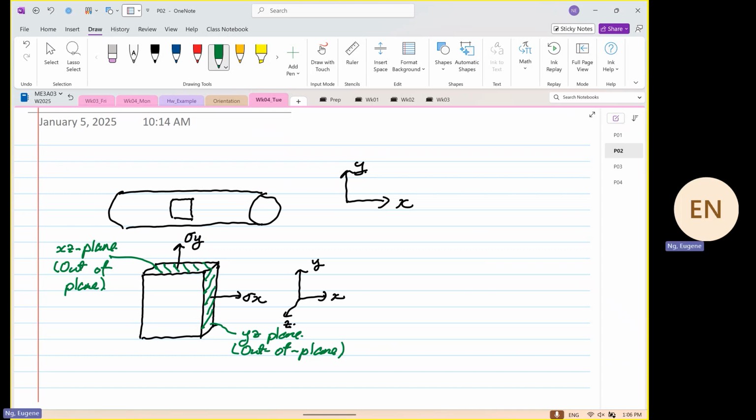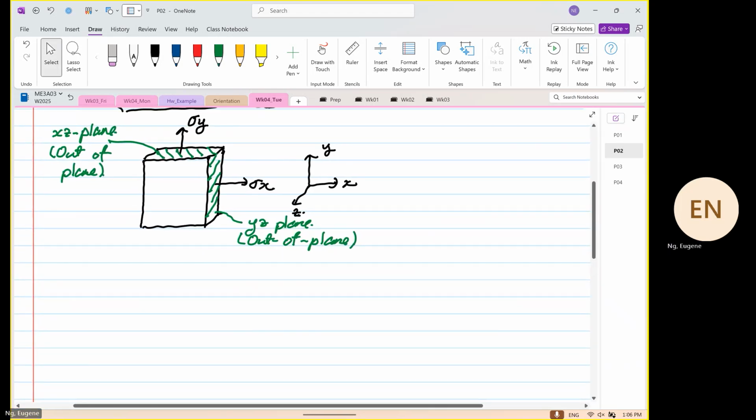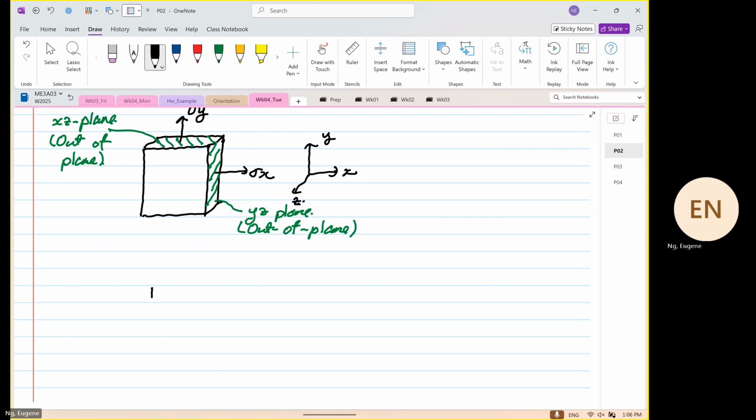So from here, I'm going to talk to you about an element. I'm now going to focus on just 2D.